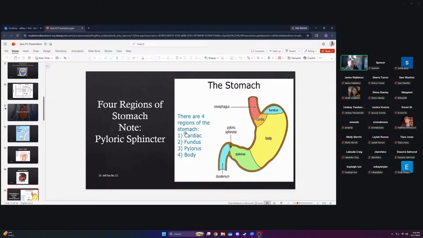So know this pyloric sphincter as it says here. We're going to be covering this in lecture. We didn't get this far in lecture yet, but here in lab, know the pyloric sphincter for the lab quiz.